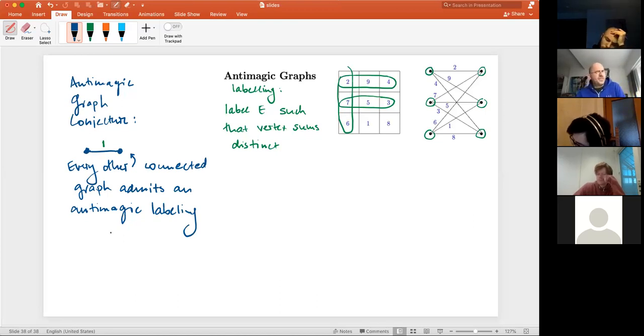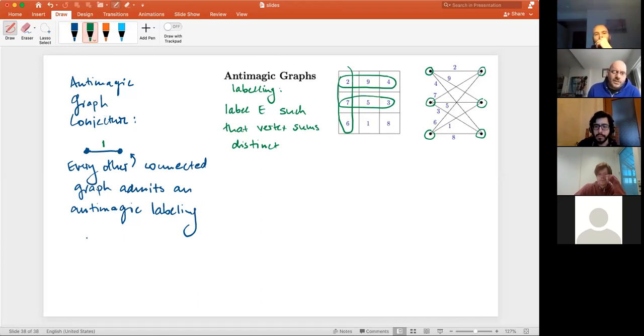So this conjecture is from the late 80s. It's one of those notorious conjectures in graph theory. There are some results, like if the degrees are big enough or something like this, you can do that.